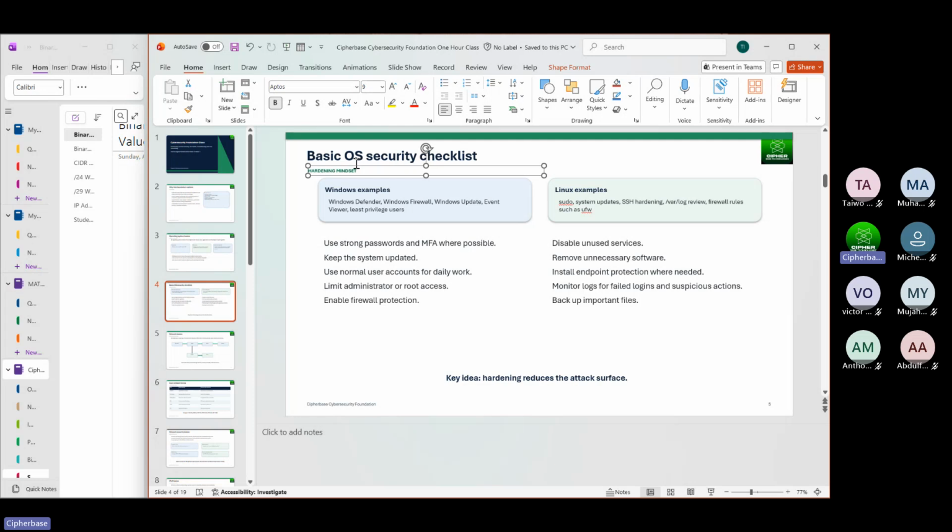Let me put it again so we can understand. A workstation is built by maybe IT. They build a checklist which they give to IT staff: this is the standard that the system must meet before it can be joined to any company or maybe a domain, like I said.